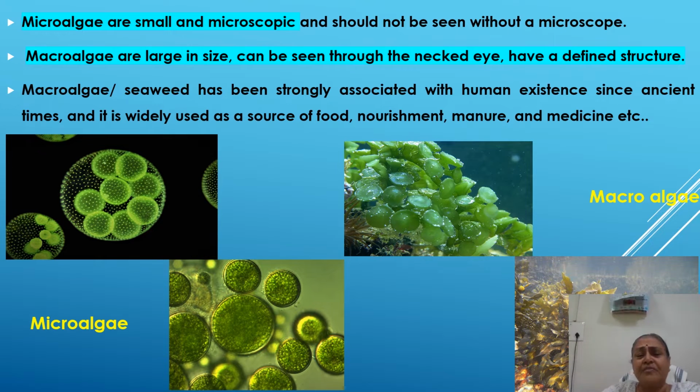Microalgae are small, microscopic, and cannot be seen without a microscope, and macroalgae are large in size. They can be seen with the naked eye and have a definite structure of their own. The macroalgae which reside in the sea are also known as seaweeds because they are present in great abundance, and they survive and conduct their life cycle in the sea and then again disappear in the sea.